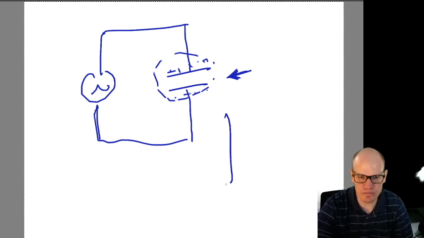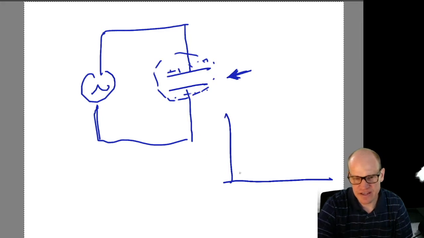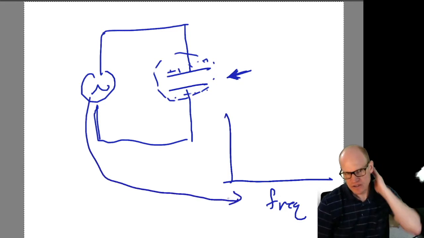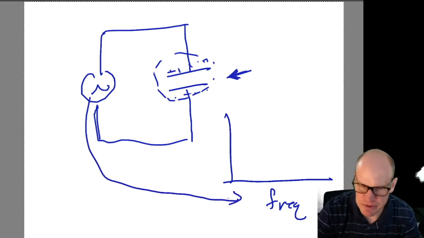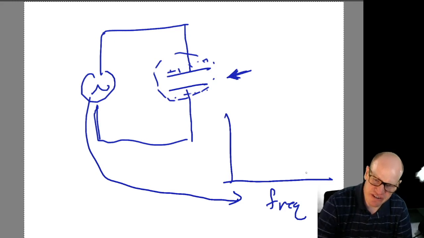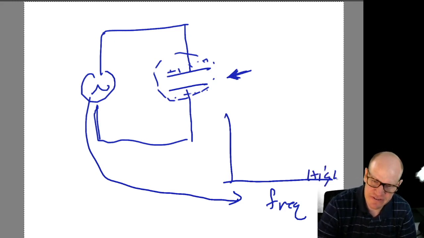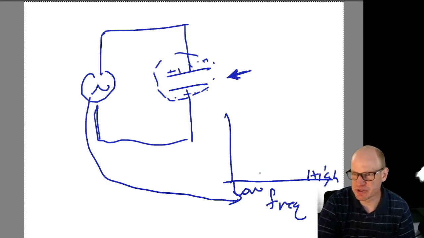What we want to plot is basically how this thing behaves, maybe the energy stored in it, as a function of the frequency that we oscillate. In particular, we're going to divide it into the response at high frequency and the response at low frequency, and then there's going to be a transition in between the two.